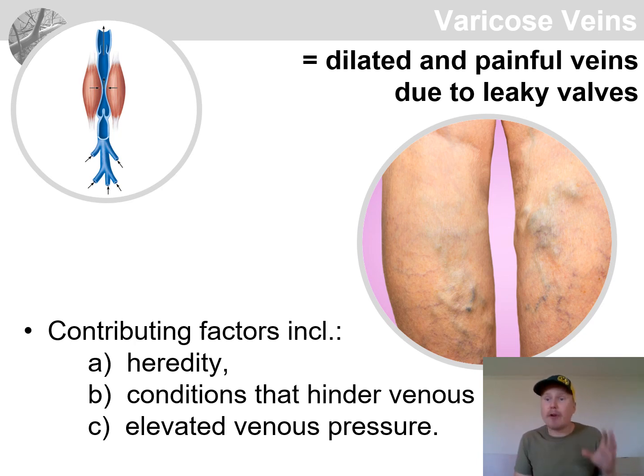These result from issues with venous return and can also have a genetic component. Some risk factors include staying in one position for a long time, obesity, or even pregnancy. About 15% of the adults here in the US are affected by this condition.